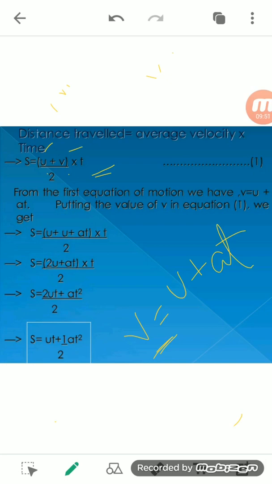Now when we open the bracket, what will happen? First of all, you see here this u plus u, both u will become 2u. So 2u plus at upon 2 into t. When you open the bracket, this t will multiply with this 2u as well as with the at. Now it will become 2ut plus at square upon 2.